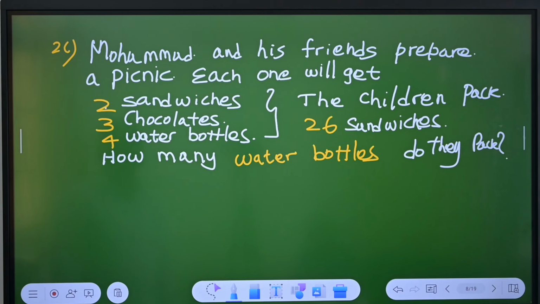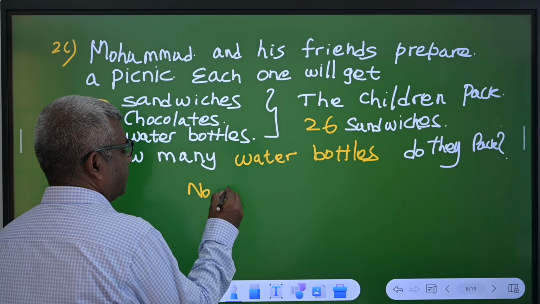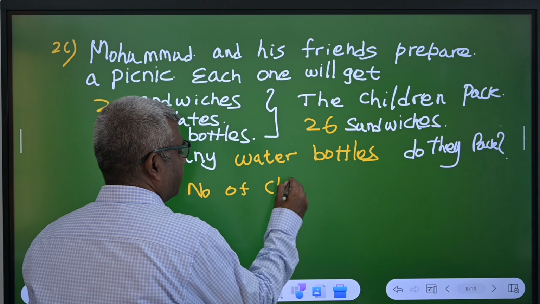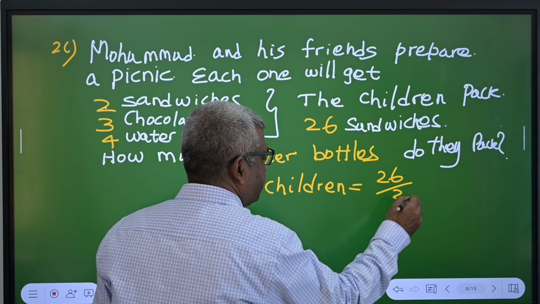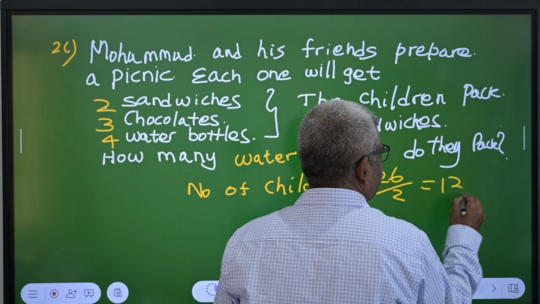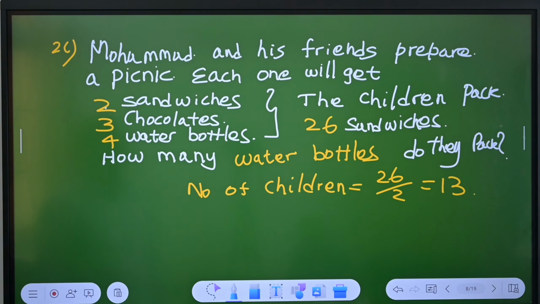2 sandwiches, 3 chocolates, 4 water bottles. The children pack 26 sandwiches. So how many number of children is how much? 26 divided by 2. You are doing very wonderful. 26 divided by 2 equal to 13. Okay. How many water bottles do they need?